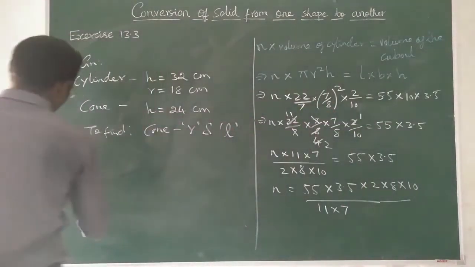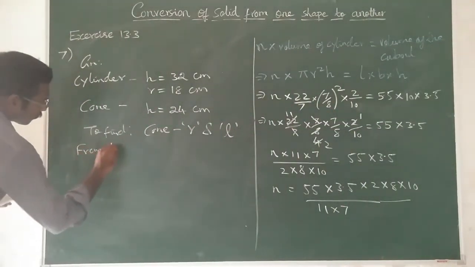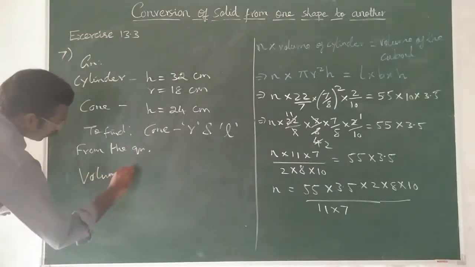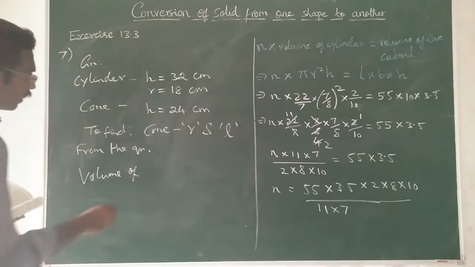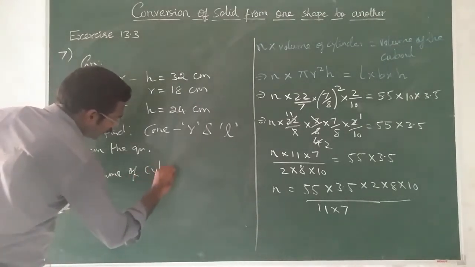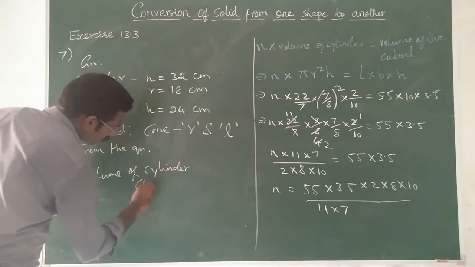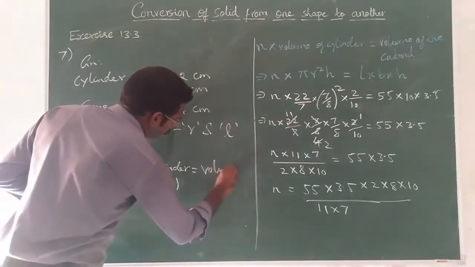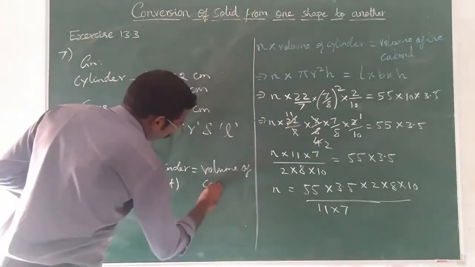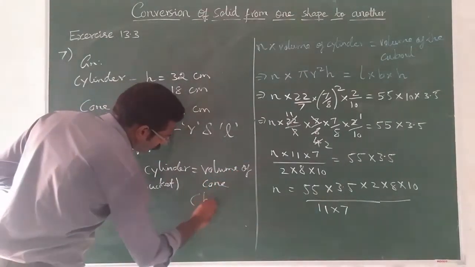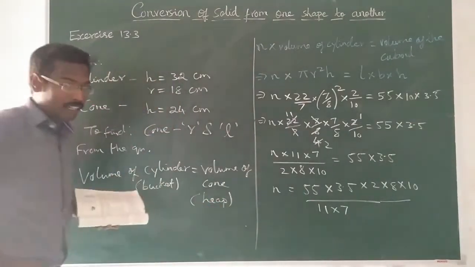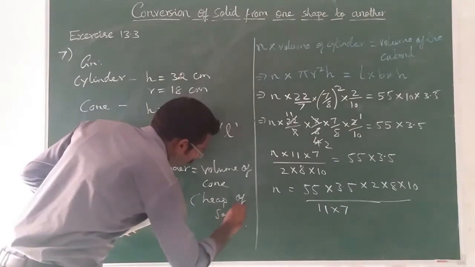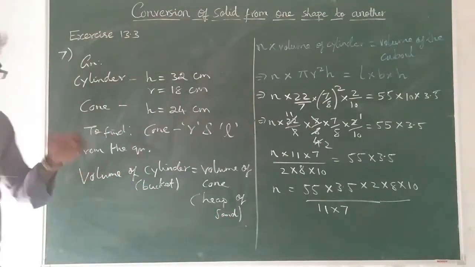The bucket is in the shape of a cylinder, so volume of cylinder, that is bucket, is equal to volume of cone. Cone means that conical heap, that is the heap of sand. Understood or not? Okay.